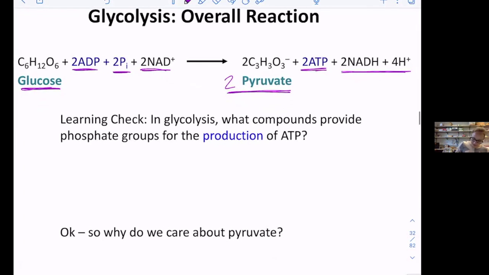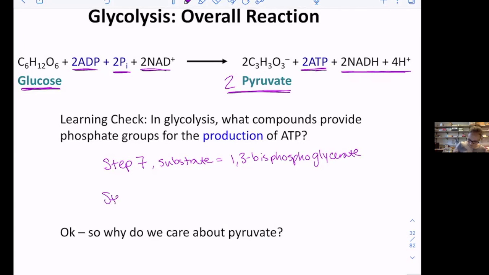That is going to be, if you look back in your notes, step 7, which is the molecule 1,3-bisphosphoglycerate. And then in step 10, where the substrate is phosphoenolpyruvate.